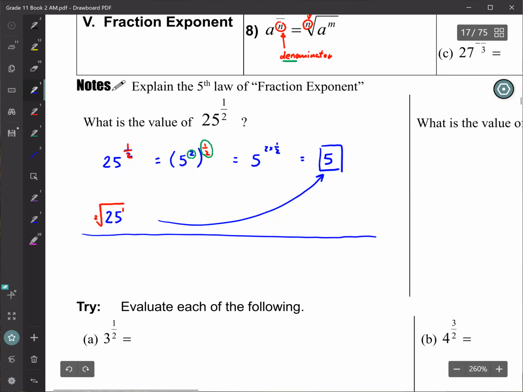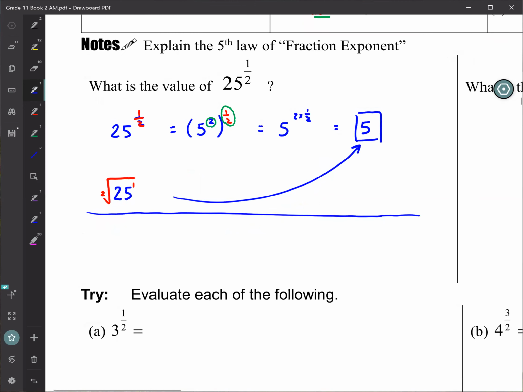Just one more example. Let's say we have 125, and instead of 1/2, let's do something different: 2/3.